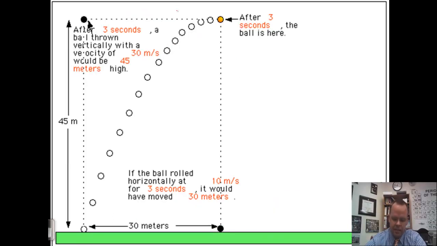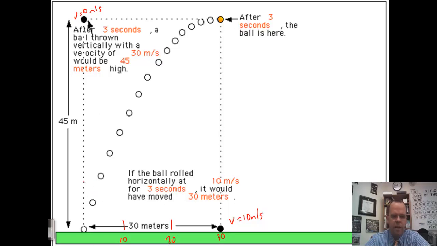After 3 seconds, the velocity horizontally will still be 10 meters per second. So we'll have gone 10 meters, 20 meters, it will now be at 30 meters. It will have traveled up, it's slowing down, so it's gone from 30 meters per second to 20 meters per second to 10 meters per second, and now it is traveling at a velocity of 0 meters per second vertically.